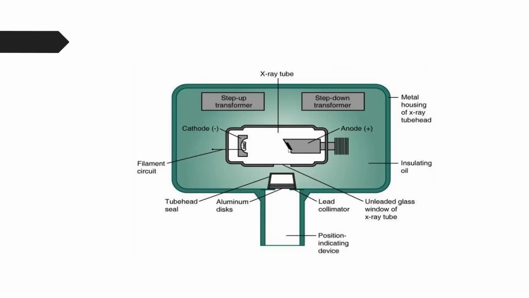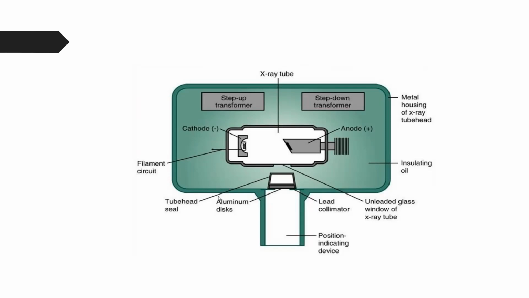And this is where the X-rays are produced, right? When they are produced, they're just bouncing all over in this area. As you can see also, this part is where the copper rod is, and this diverts the heat away from it into the insulating oil. All right. Now, this area on the cathode is called the molybdenum cup, right? This is where you have the filaments with the electrons, all right?